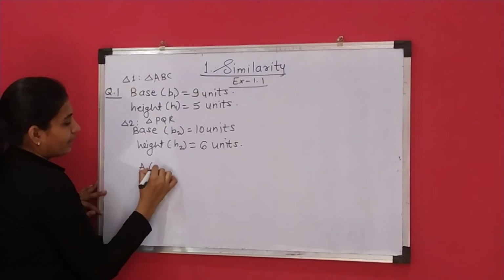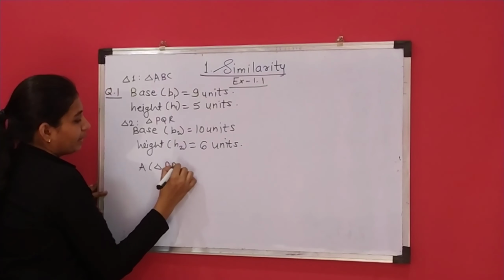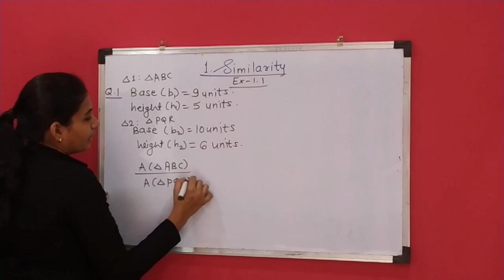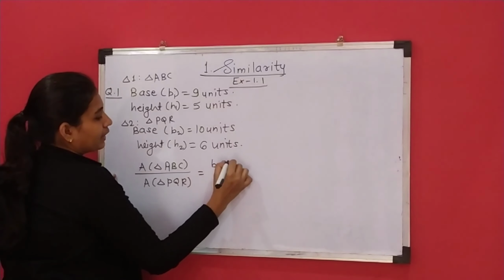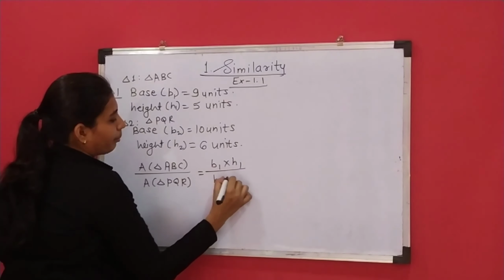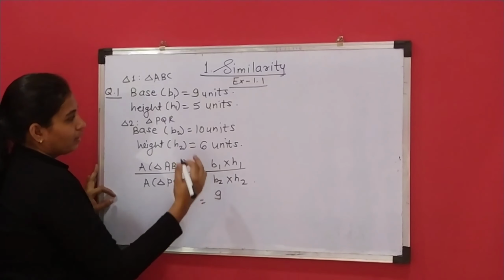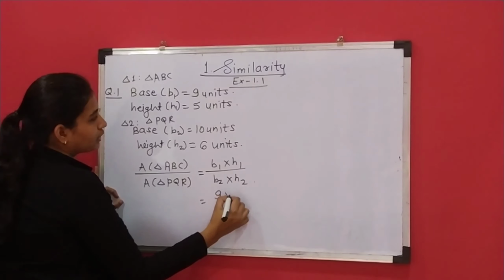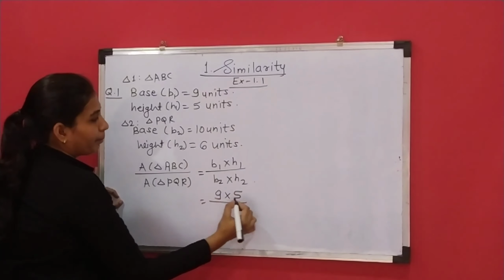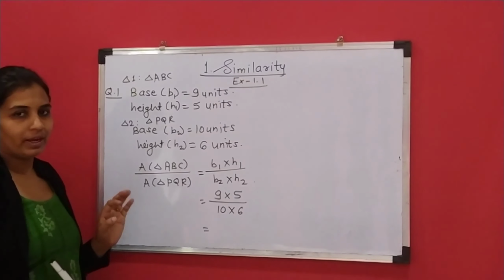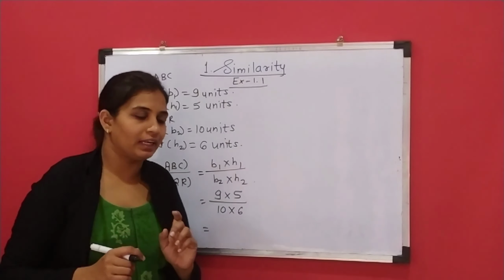So we can write area of triangle ABC upon area of triangle PQR is equal to base into height upon base into height. Base of the first triangle is 9, height of the first triangle is 5, base of the second triangle is 10, into 6. We have only substituted the values.